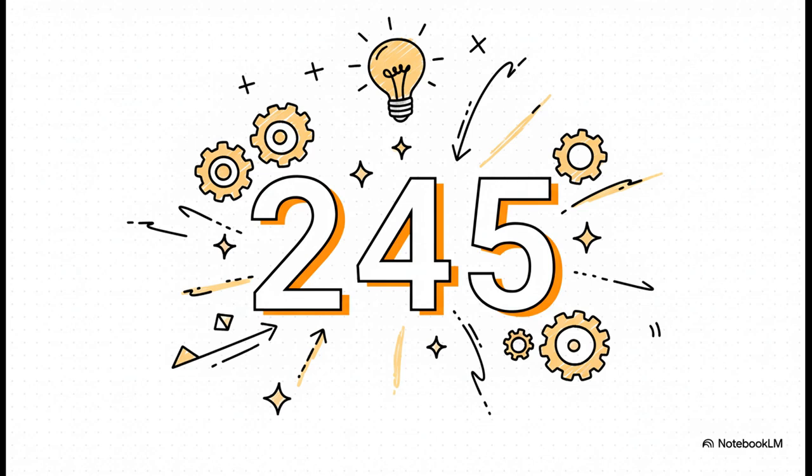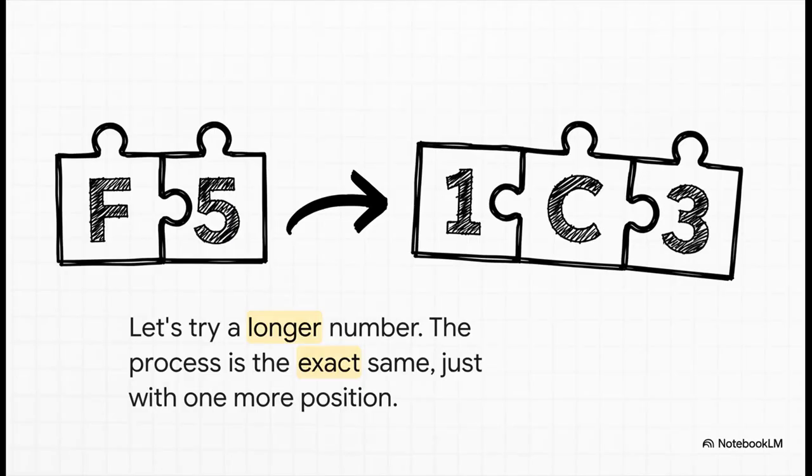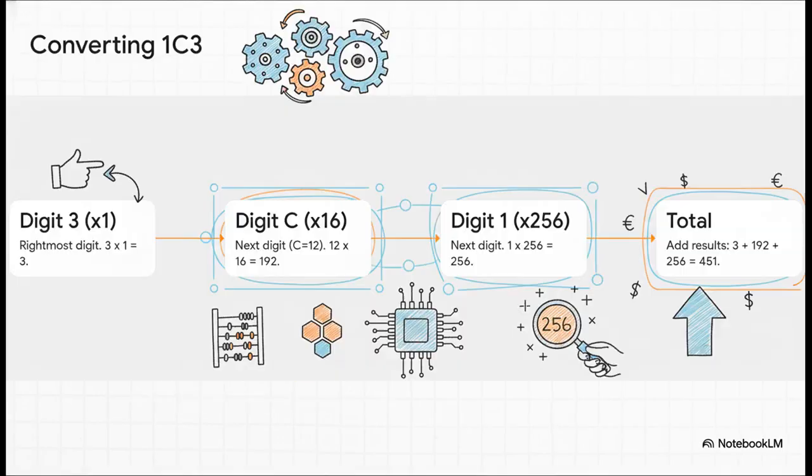This shows you perfectly how the digit's value and its position work together. Feeling good? Awesome. Let's try a slightly longer one. 1C3. The process is exactly the same, we just have one more position to think about. Same deal. Start from the right. The 3 is in the 1's position, so that's just 3. The C is in the 16's position. We know C is 12, so 12 times 16 is 192.